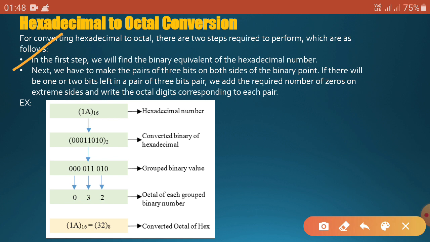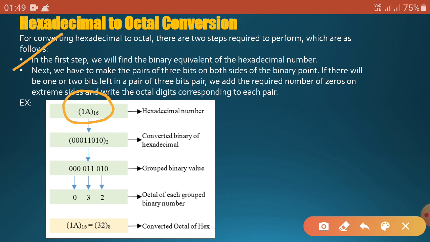If 1 or 2 bits are left in a group, we add the required number of zeros on the extreme sides and write the octal digit corresponding to each group. How? Suppose 1A in hexadecimal. We write each digit in binary: A is 1010 and 1 is 0001.